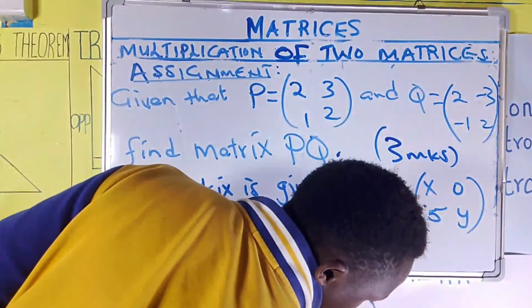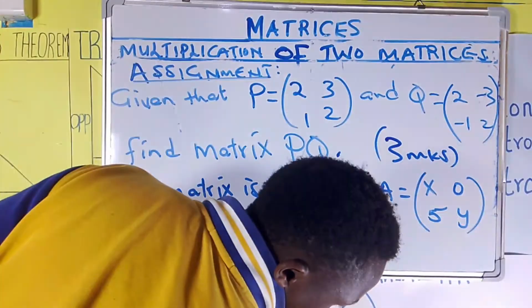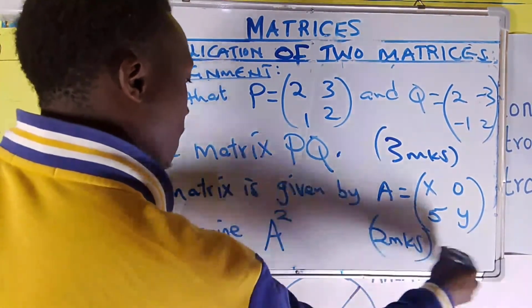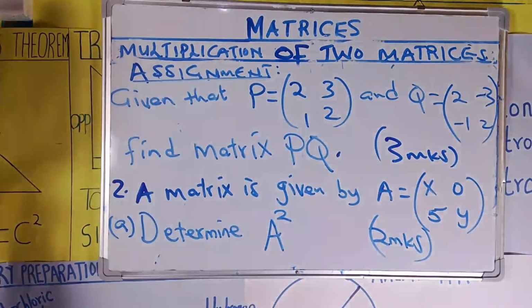Determine A squared, and that is 2 marks.